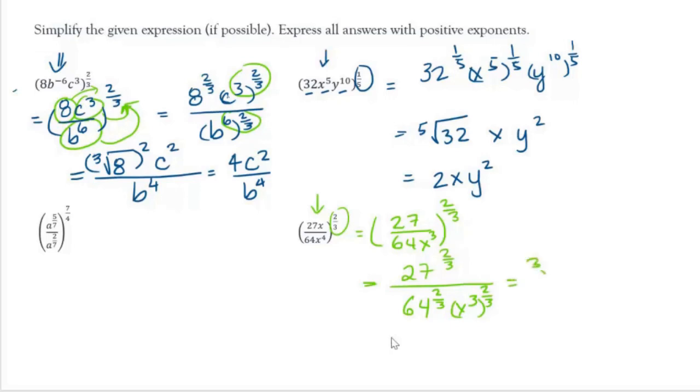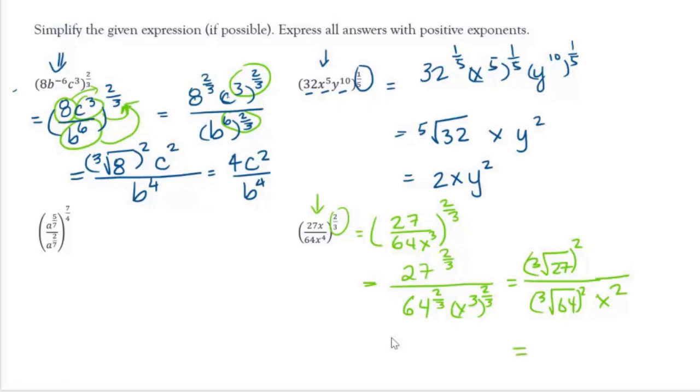So here we have the cubed root of 27 raised to the power of 2. Great, 27 is a perfect cube. Divided by the cubed root of 64, also raised to the power of 2. And finally, x cubed to the power of 2/3 is x to the power of 3 times 2/3, which turns out to be x squared.